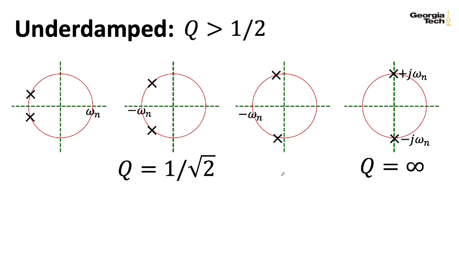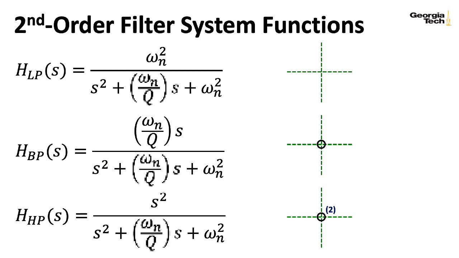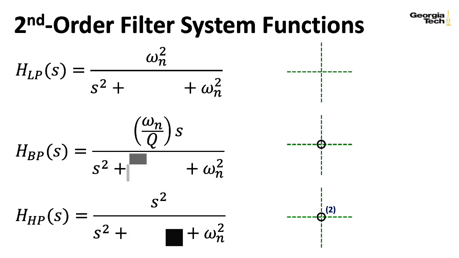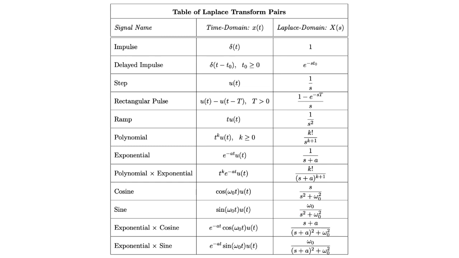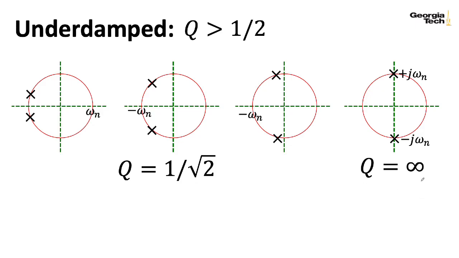At basically perfect quality, Q equals infinity, that middle term in the denominator goes away. And if you look at the inverse Laplace transform of that transfer function, that's a sinusoid. So at that particular point, the poles land at plus j omega n and minus j omega n. And at that point, the filter is now self-resonating and acting as an oscillator at a frequency of omega n. Of course, divide that by 2 pi to get the frequency in hertz.